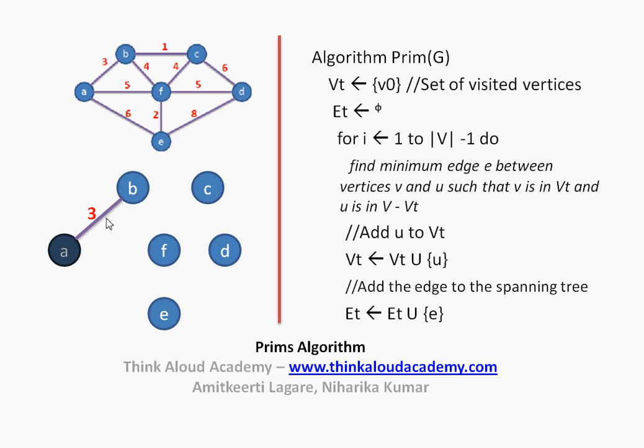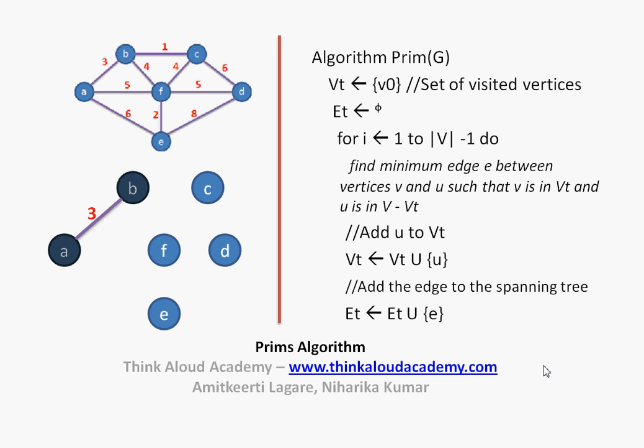So this edge is added to the visited edge list and this vertex U gets added to the visited vertices. So now VT has two vertices, A and B, and ET will have the edge AB.